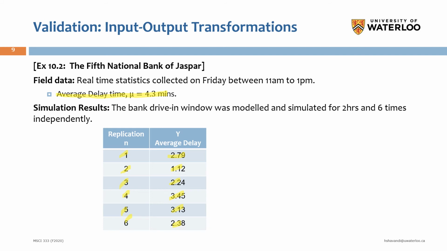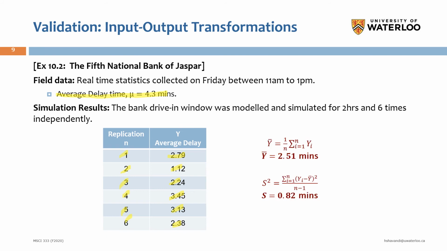Okay, so in order to compare the simulation model with the real system, here let's say the real average delay time is 4.3 minutes, but for the simulation model we do have these numbers. So let's see how we can compare the simulation model with the real system.